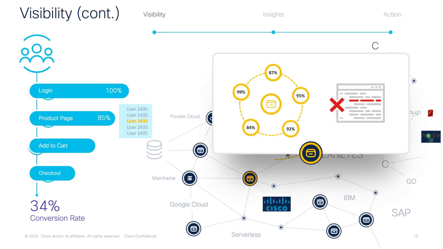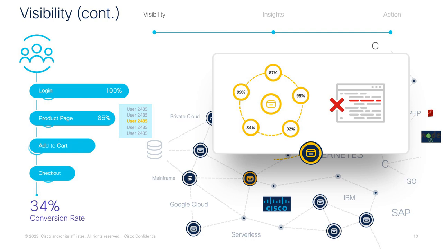However, as an example, we can see on the slide that only 85% of our users are able to see the product page. We can clearly see that user 2435 had this problem, and then drill down to diagnose the root cause. In the case that we have here, it looks like high CPU is the root cause, but it isn't. So then you need to get to the specific line of code that is causing the high CPU and see all of the context around what the user is actually doing.